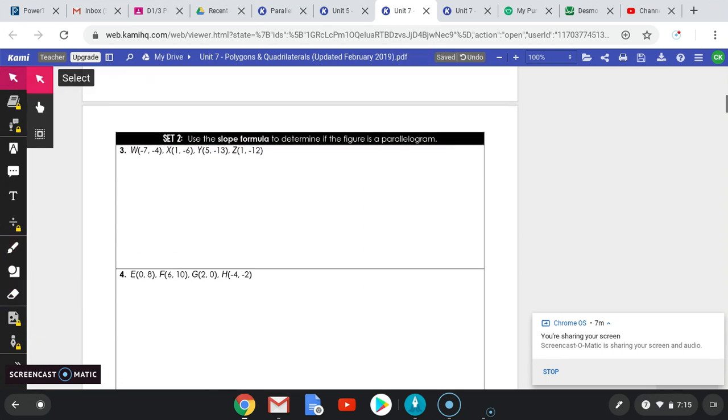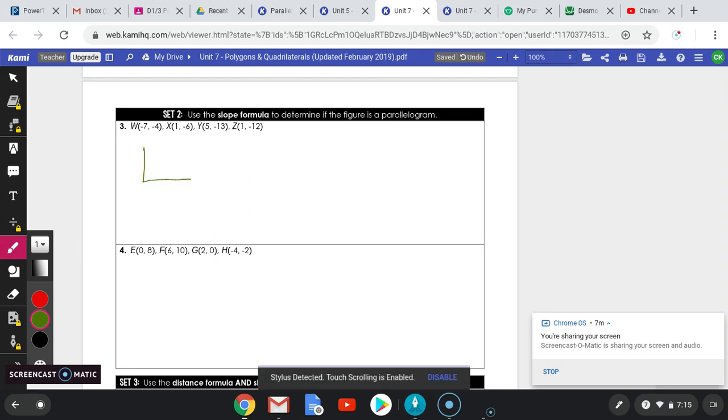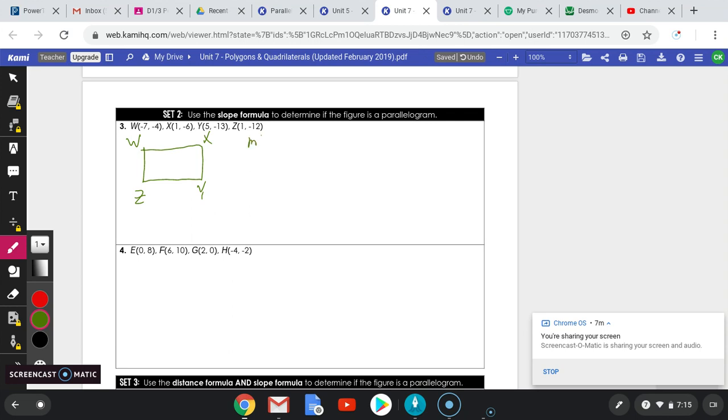So here, the second method is using the slope formula. So again, with all these, you want to draw your figure, and then label your points. So let's say we picked WX and ZY. Yeah, WX and ZY. So let's find the slope of WX.